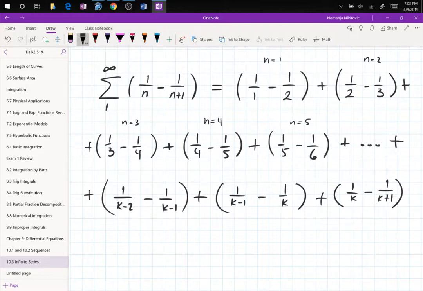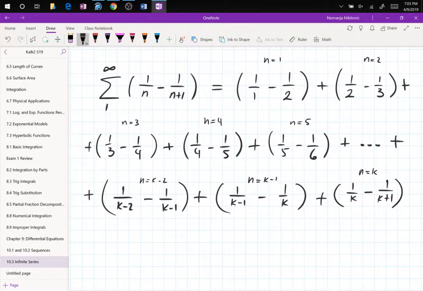So, do we all see what just happened here? I started with n equals 1, n equals 2, n equals 3, n equals 4, n equals 5. I am ending my infinite series by turning it into a finite series with n equals k minus 1, n equals k minus 2.